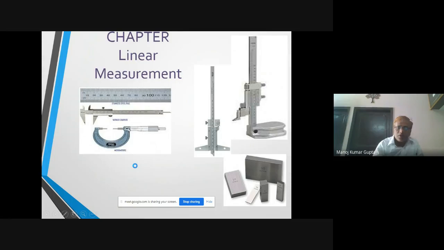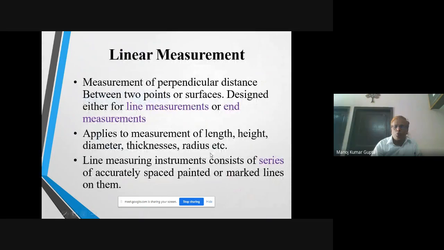Next, I have shared two YouTube links on limit gauges and slip gauges. So first is linear measurement. Linear measurement is measurement of the perpendicular distance between 2 points or surfaces. There are 2 points or surfaces, and we are measuring the perpendicular distance between them.